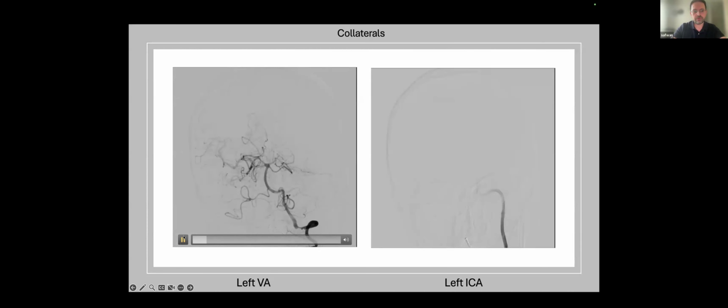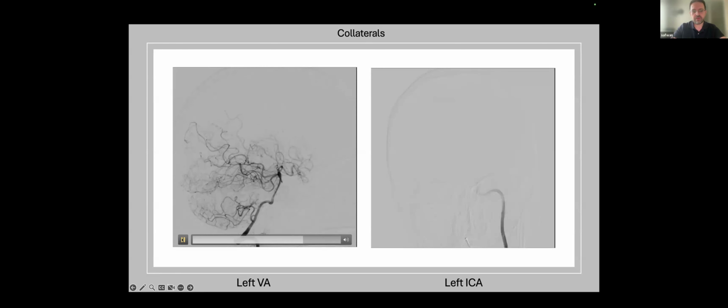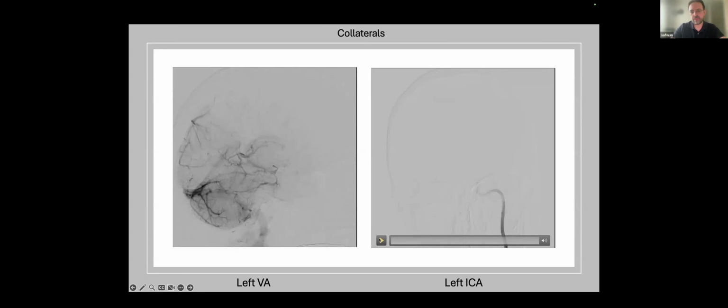This is the view of the left vertebral artery, again the anterior view, and then the lateral view. There were good collaterals, but in the venous phase there was much delay compared to the posterior area. And this is the view of the left internal carotid artery.